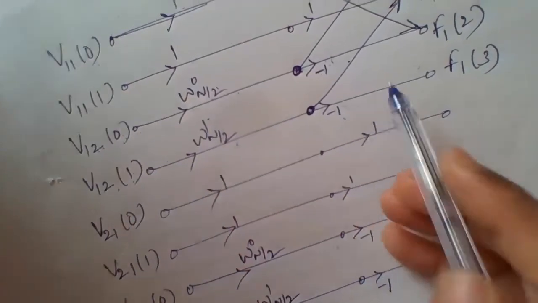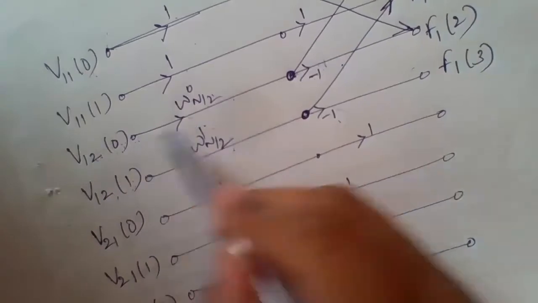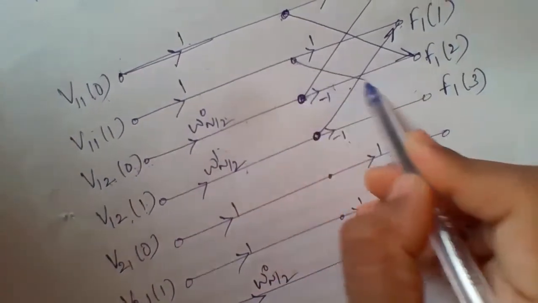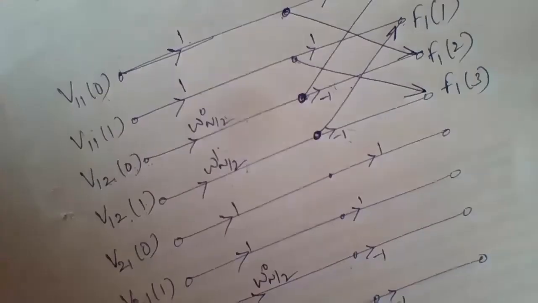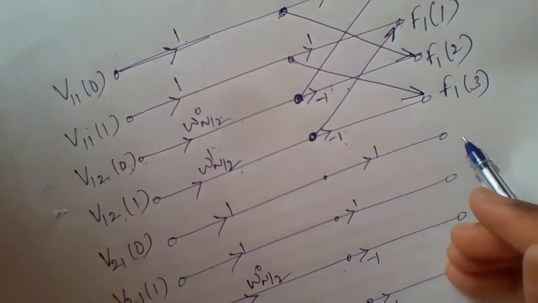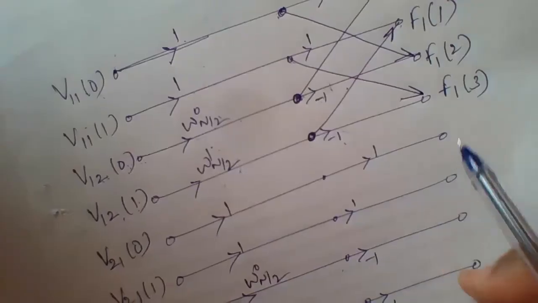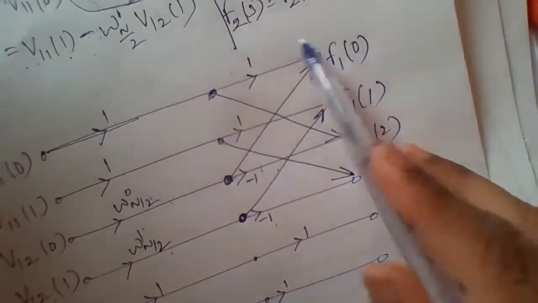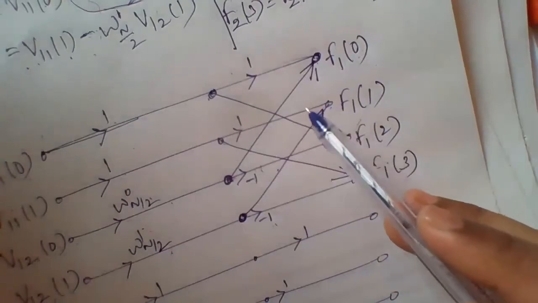Simply connect it with the second one, that is v11 of 1, that's it. So this is how the first part is completed, that is all the f1 values. This is the signal flow graph for all the f1 values.